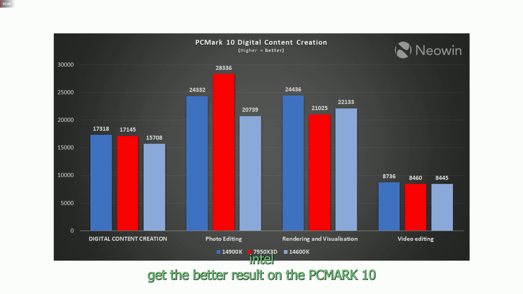On PassMark 10, you can see the 14900K in this part and the 7950X3D in this part, the red chart and the blue chart.